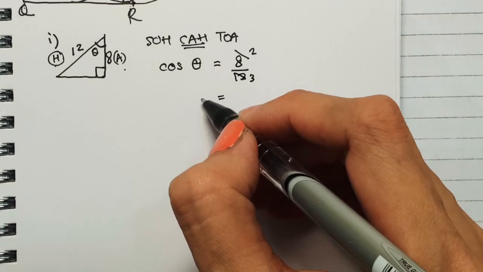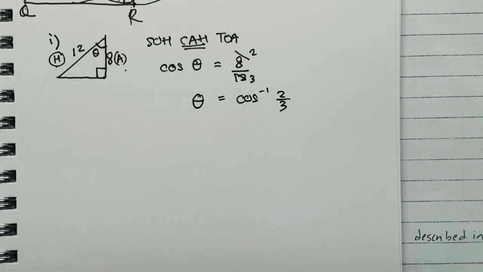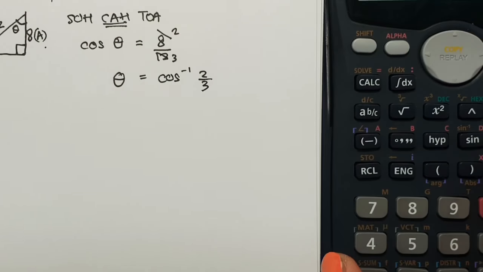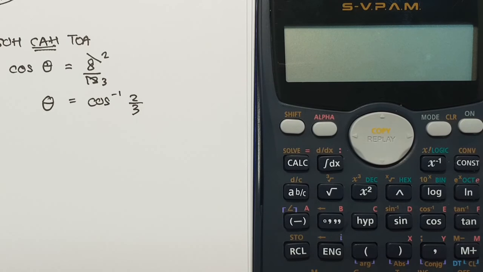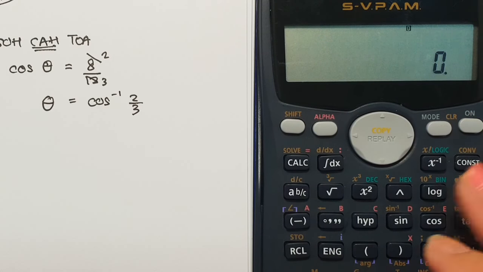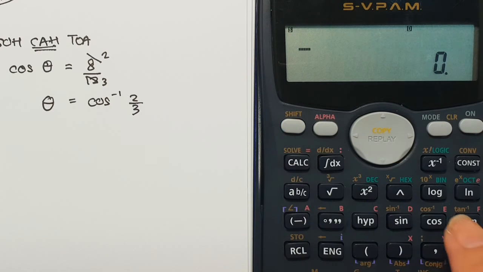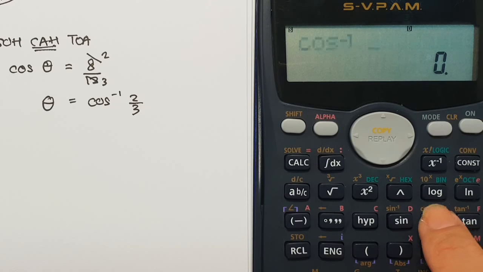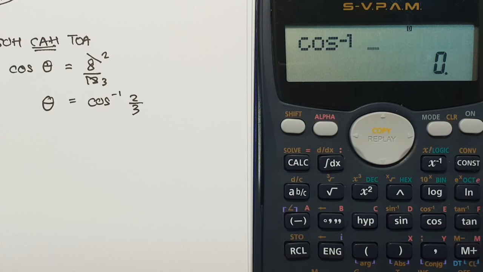So if we want to find theta, it will be the arc cos of 2/3. For this one we have to use the calculator. So what is arc cos of 2/3? We will just shift the function of cos so that we can call the arc cos of 2/3.